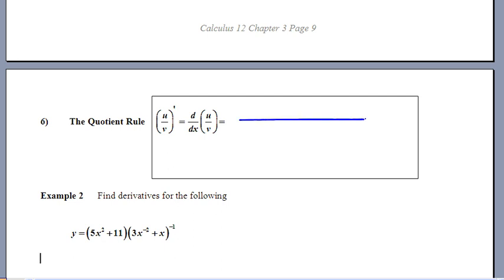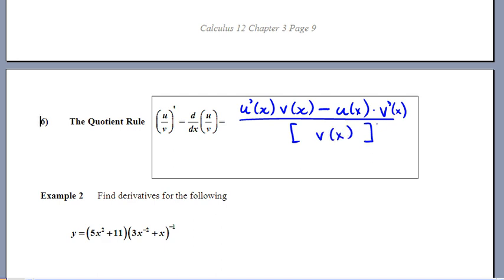It's also a fraction, and in the numerator, it's going to go as the derivative of the top multiplied by the bottom, and then subtract, leave the top, multiplied by the derivative of the bottom. And you might think, oh yeah, that would probably be it. That would look like the product rule, but with a minus. Yeah, but there's even one more part. You have to divide that whole thing by the bottom chunk of algebra squared.